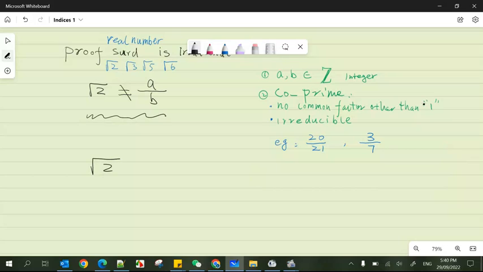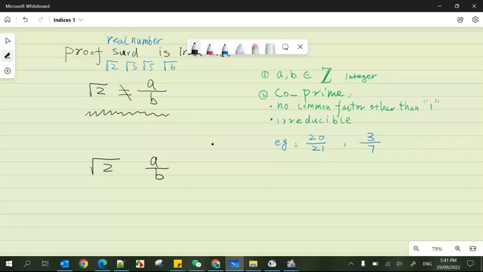2 is equal to a over b. If in the end we find square root 2 is not equal to that, we can go back to this answer. To prove square root 2 is irrational, we can use the contradiction way.